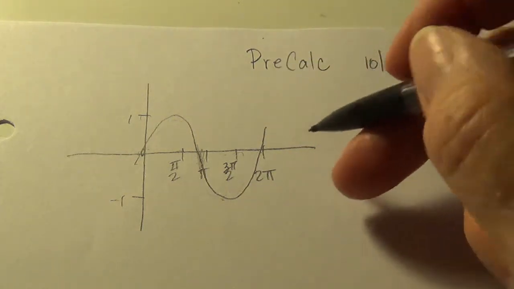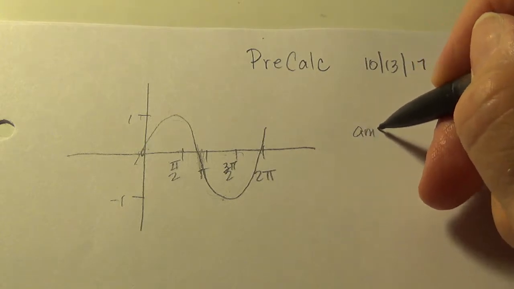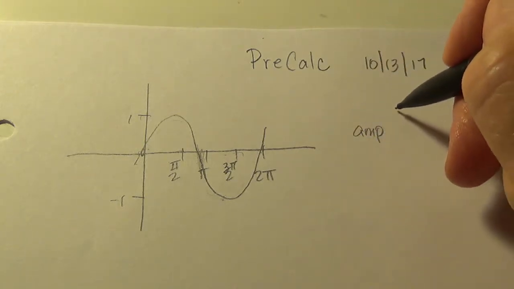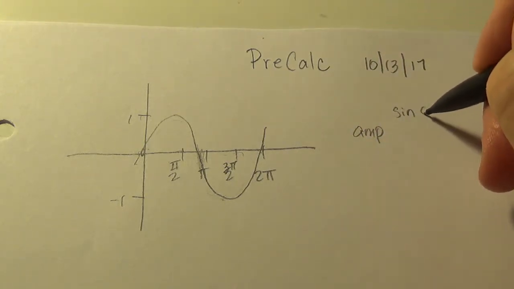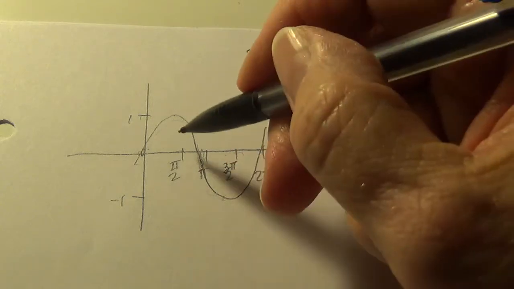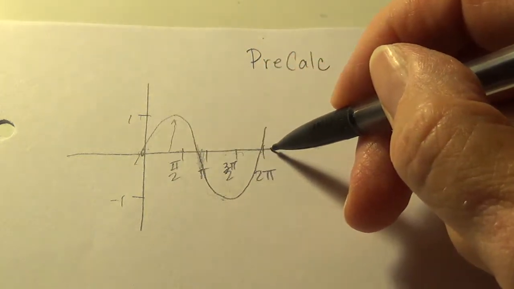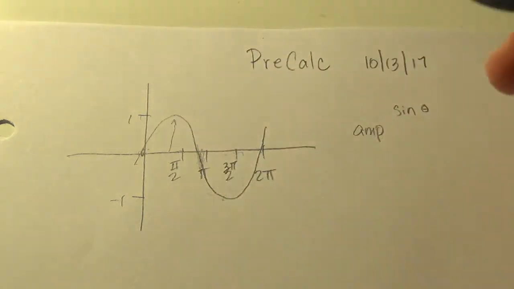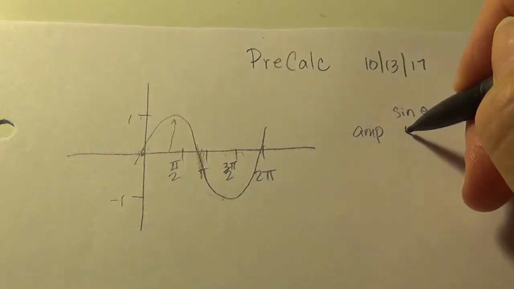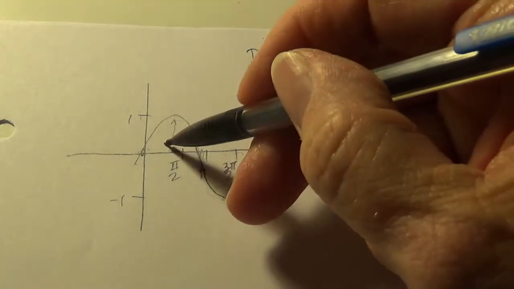I could ask you some questions about it, like what is the amplitude of the sine curve? Say sine theta, what is the amplitude? It is from the center line, the line that cuts the graph in half, to 1. So that's an amplitude of 1, the highest point.